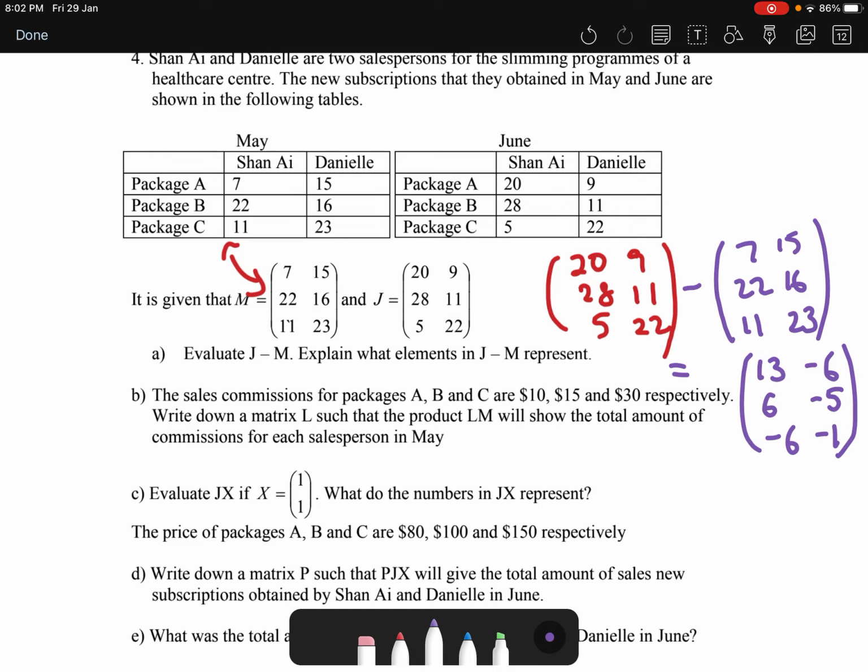But we haven't explained what the elements inside represent. What does 13 represent? What does negative 6 represent, and so on? This 13, negative 6, 6, negative 5, negative 6, and negative 1 is the difference in package A and package B that Shan Ai and Danielle subscribed in June than in May.